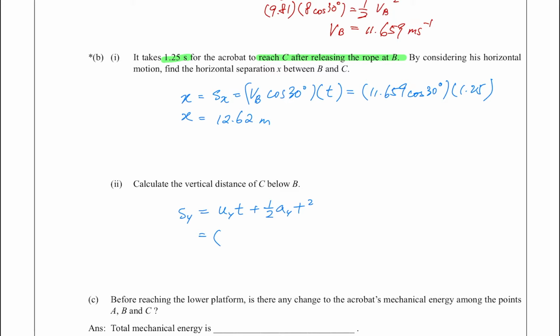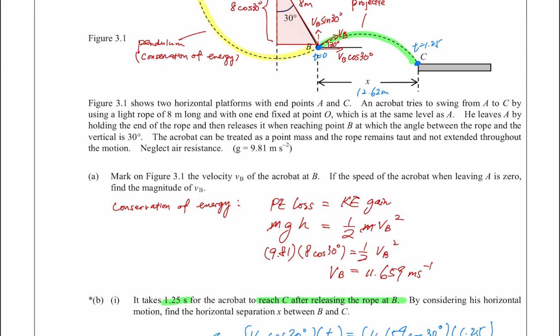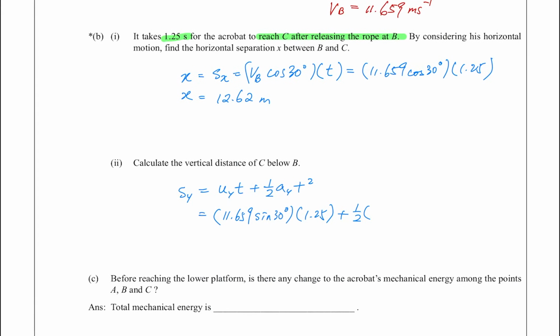Let's put in numbers. Uy is the initial velocity of the acrobat, which is 11.659 times sine 30 degrees. Time is 1.25 seconds. Half, under gravity, the gravitational constant is negative 9.81, times 1.25 squared.